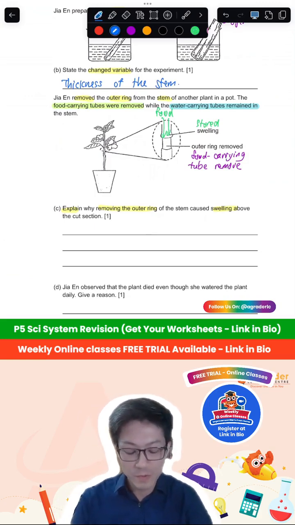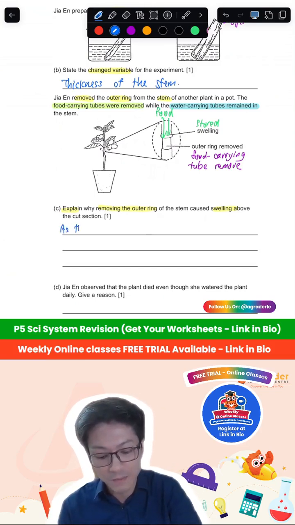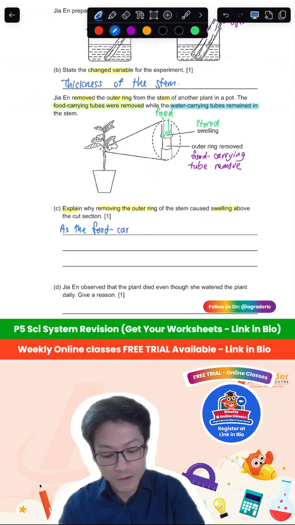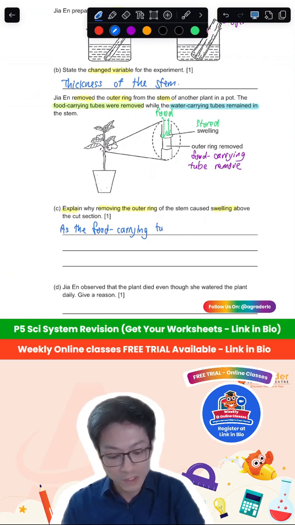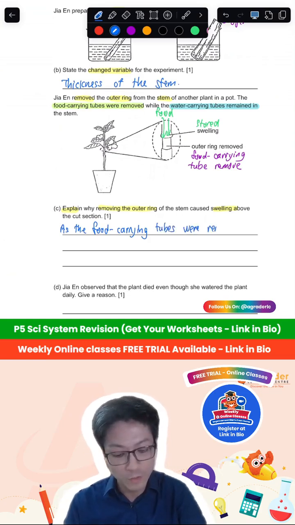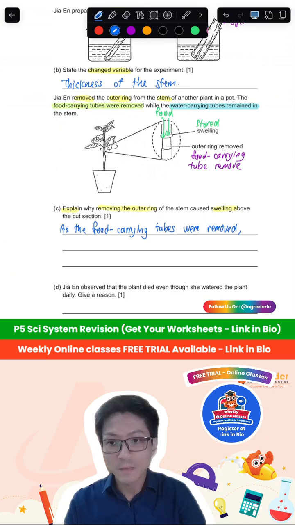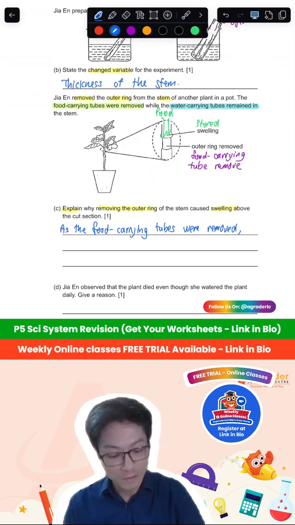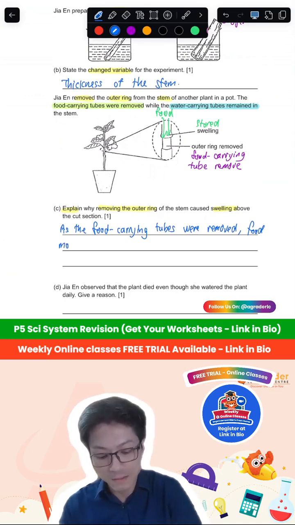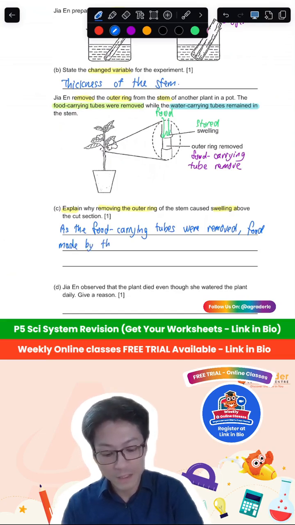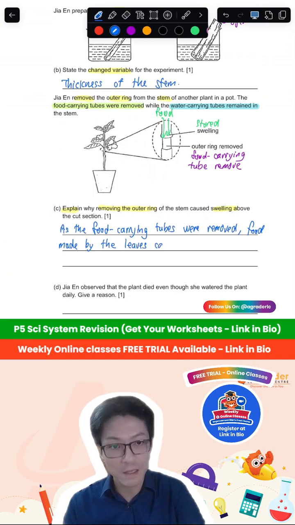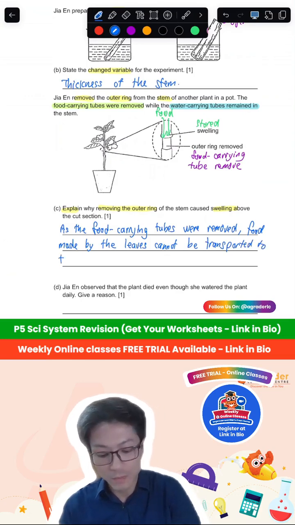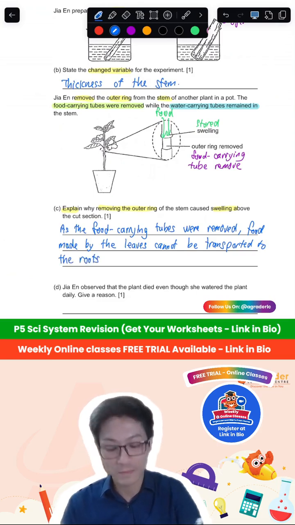So explain why removing the outer ring: as the food carrying tubes were removed, then food made by the leaves cannot be transported to the roots below the cut.